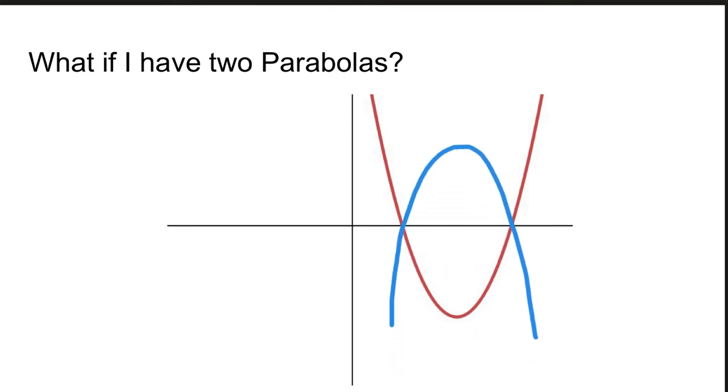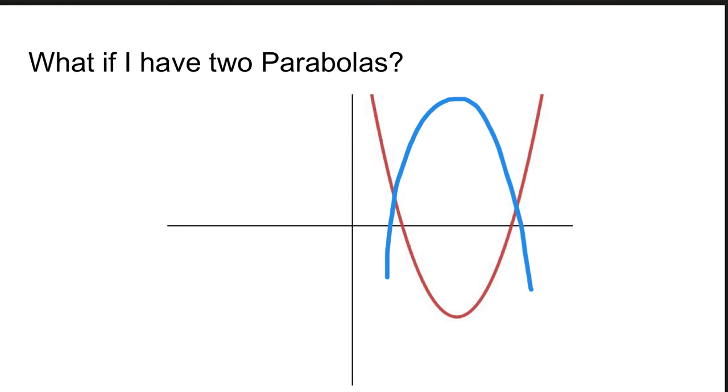Or I can have two parabolas with two points of intersection. So when we're looking at nonlinear systems of equations, a parabola and a line, or two parabolas, we can have no solution, one solution, or two solutions, depending on how they line up graphically.